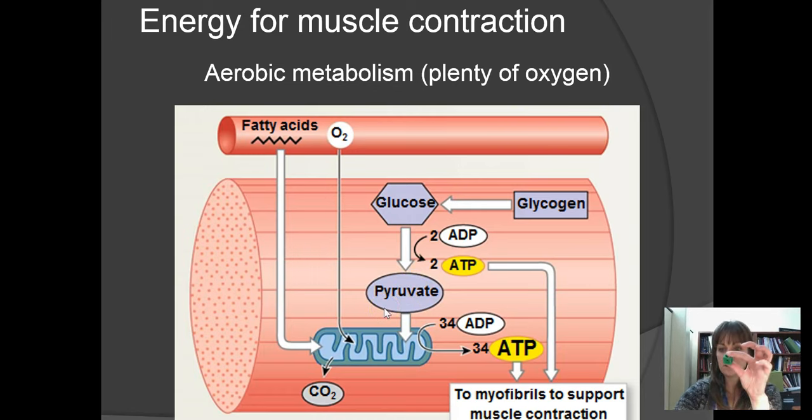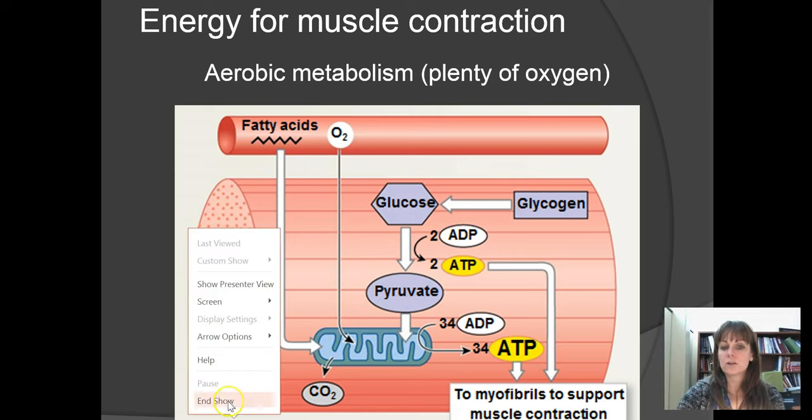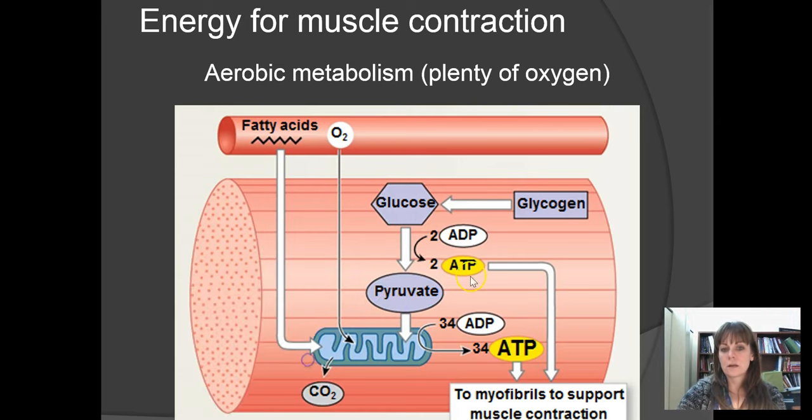We chop it into a couple of pieces, and that releases a bit of energy in the form of ATP. This process of glucose to pyruvate is called glycolysis.